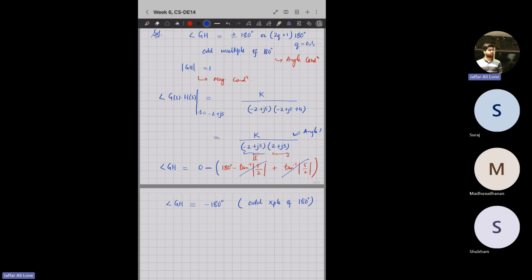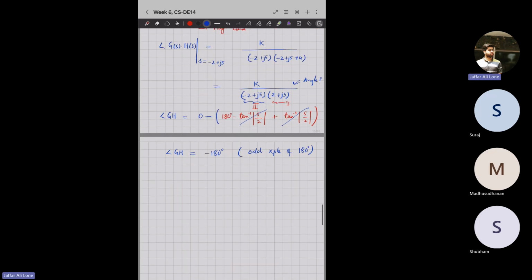Therefore, the point is lying on the root locus. Done. So the point has to satisfy the angle condition, then we can say it lies on the root locus, and the magnitude condition will be used to find the value of k.